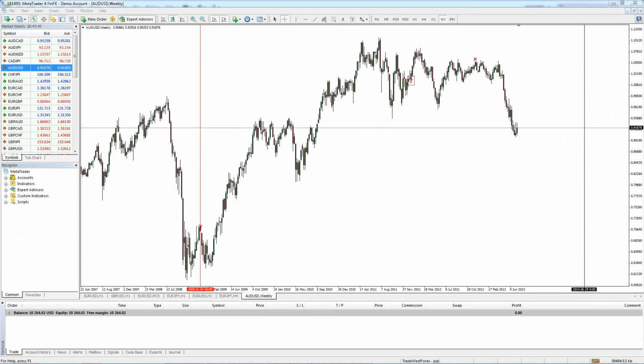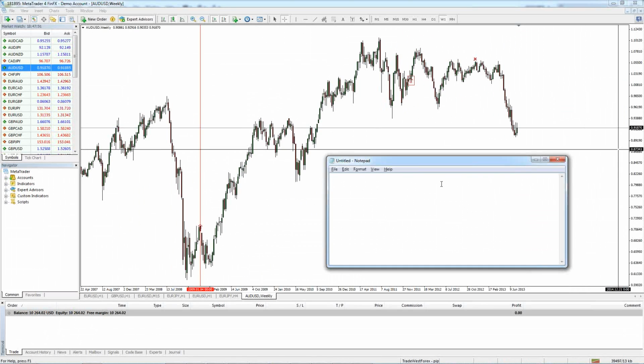Okay, let's get the notepad up here so I can at least make some sense of this visually. If the currency rate is 0.9187, normally you just times that by 10,000 if you're trading a mini lot.